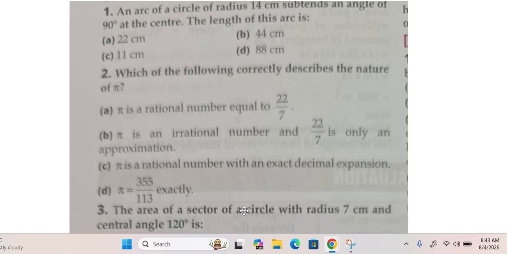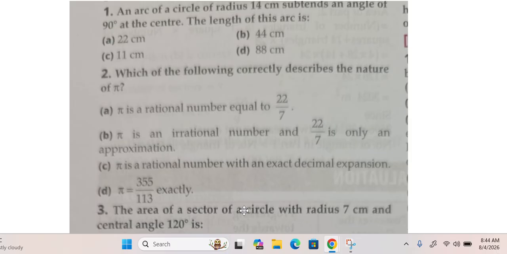So, what is pi? Pi is a rational number equal to 22 by 7. Is that correct? No, because it doesn't terminate, right? And it is going on forever, and it is not repeating also. So, first one is wrong.